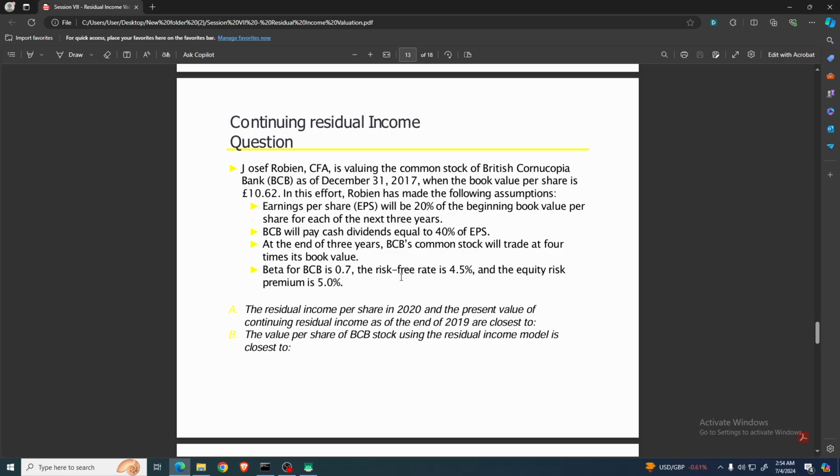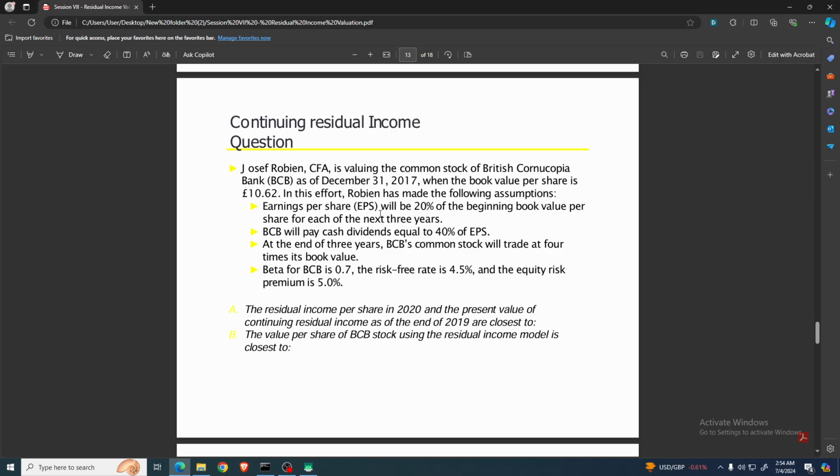And how to calculate it? You can see your beta is given, your equity risk premium is given, and your risk-free rate is given as well. All you have to do is apply the capital asset pricing model and calculate for r. And once you do that, I think this should be 8% or something when I was doing it.